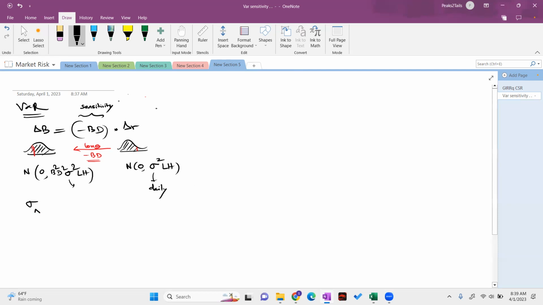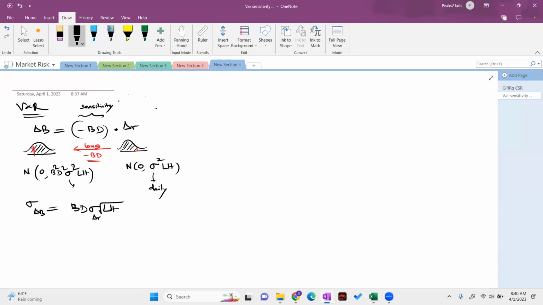So sigma of delta B is B D sigma square root of LH. Sigma is sigma of delta R. That is very, very important. I see a lot of students get confused about when to use R and when to use delta R.